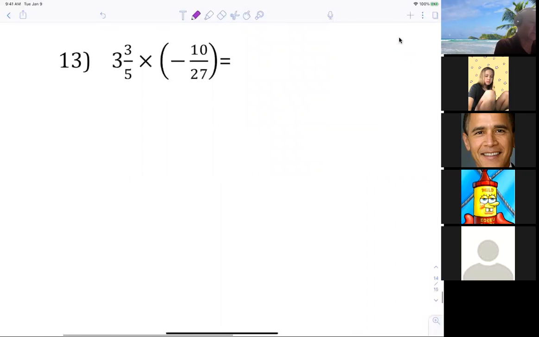Number 13. All right, now a positive times a negative is always a negative. Now the only time when you're multiplying, you have to put them as improper fractions. So 5 times 3 plus 3.